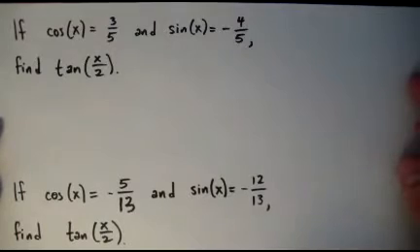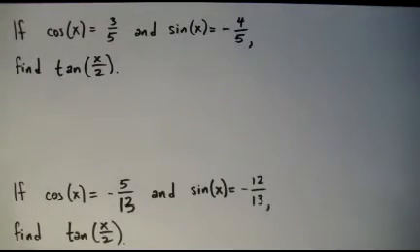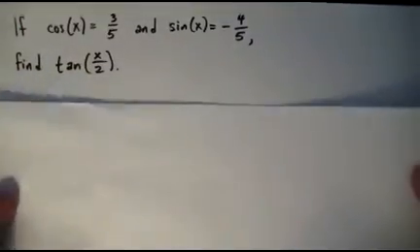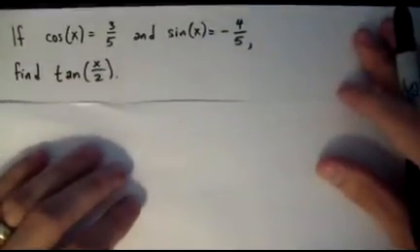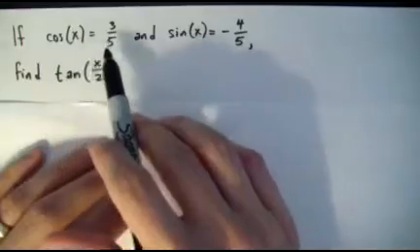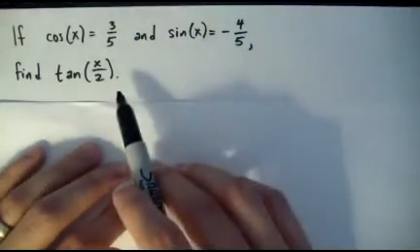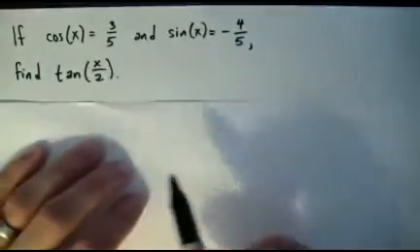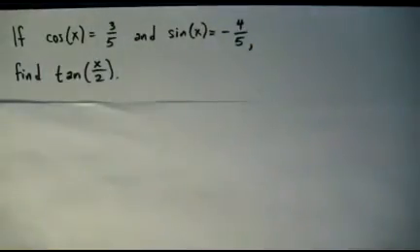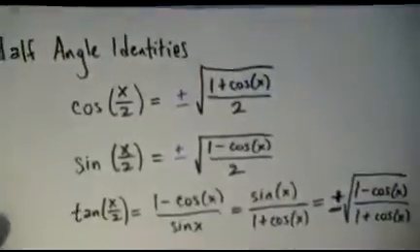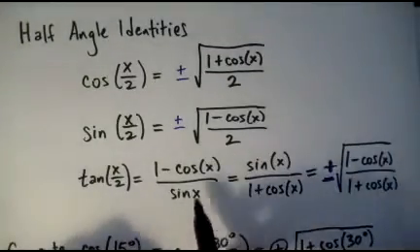All right, now let's do a few more examples involving the half angle identity for tangent. So here we're given that cosine of x is 3/5 and sine of x is minus 4/5, and we're asked to find tangent of x over 2. And now with tangent, remember that there are several formulas for tangent of x over 2.